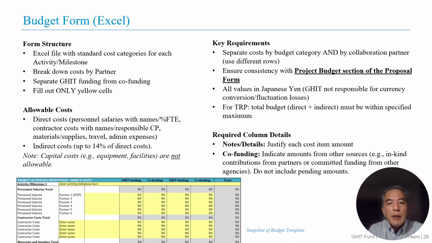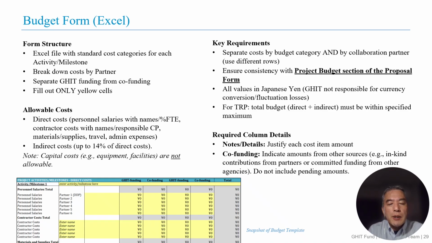In case you are applying for a platform that has a budget limit, make sure that the total of the direct cost and indirect cost fits within the specified budget limit. Unallowable costs include capital expenses such as equipment or facilities.